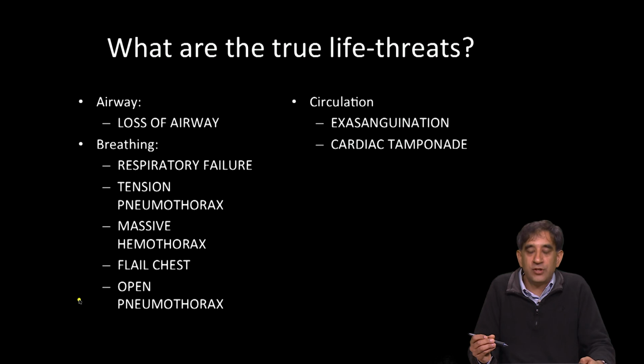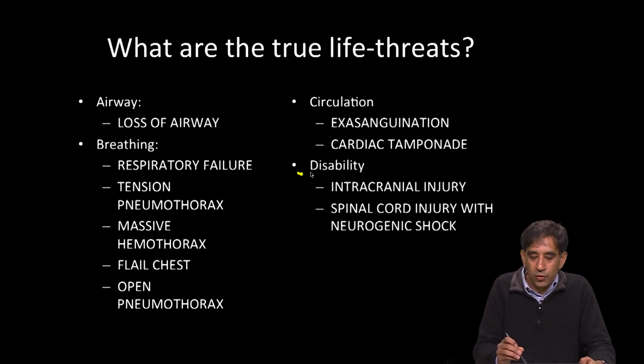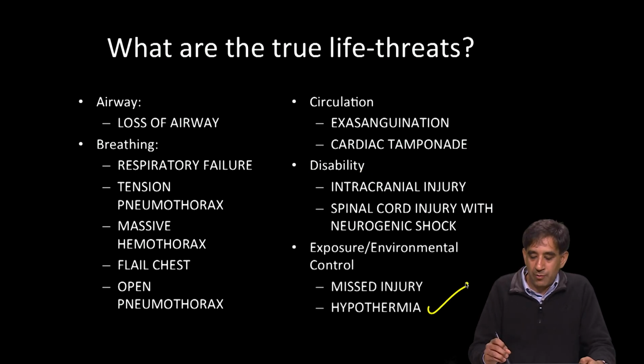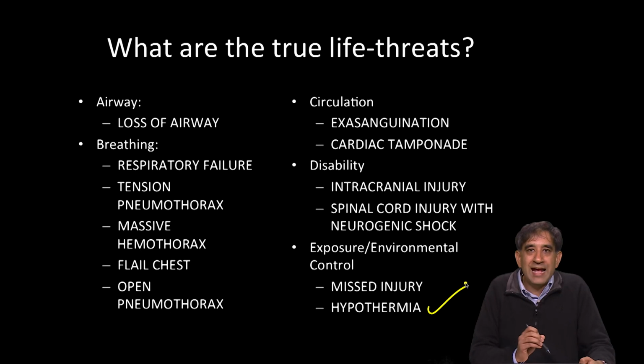With regards to circulation, remember the number one cause of shock in a trauma patient is exsanguination, so look for bleeding, and keep in mind pericardial or cardiac tamponade as a cause of shock in trauma patients. With regard to our disability exam, think about intracranial injury or spinal cord injury. And then finally, do not allow hypothermia, and do not forget to evaluate the patient in their entirety to avoid any missed injuries.